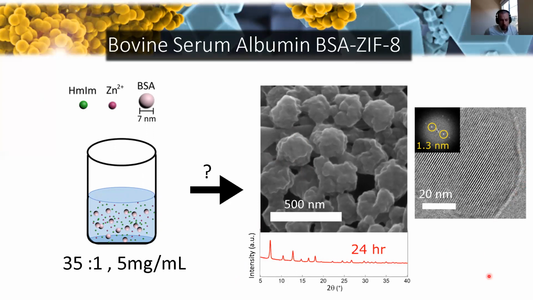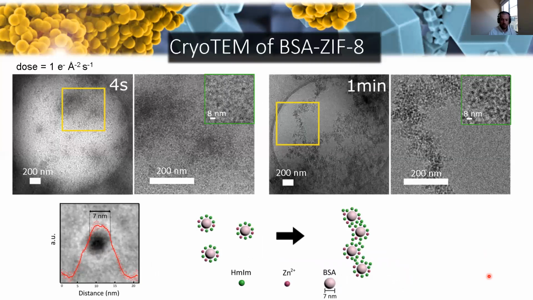So how do these form, and how is it that the biomolecule is able to manipulate the nucleation and growth process in order to form these completely different types of crystals? So again, obviously we turn to CryoTEM and we sample over time in the same way that we did before. And this time what we see is a different picture.